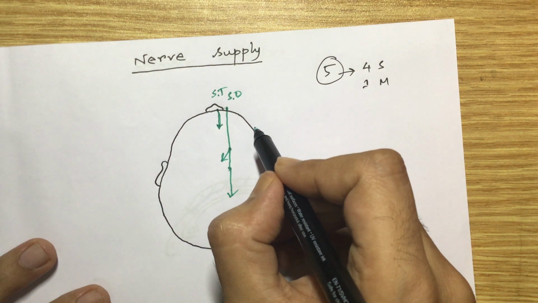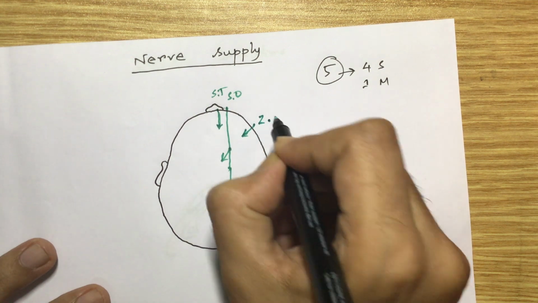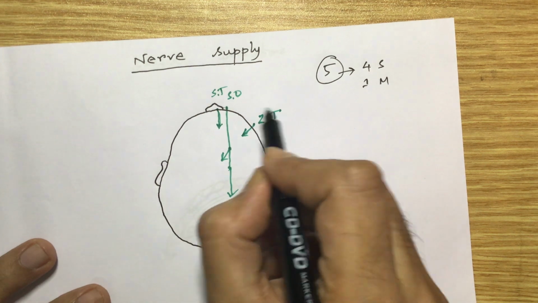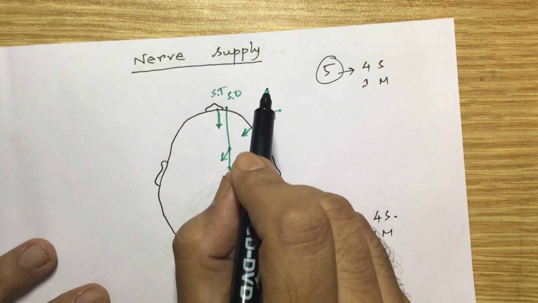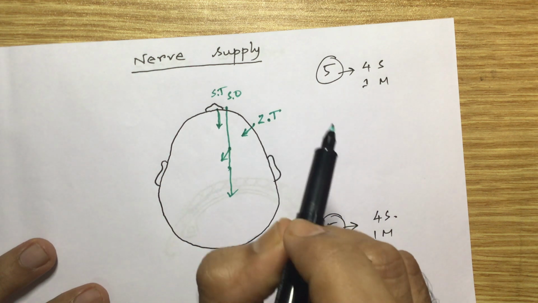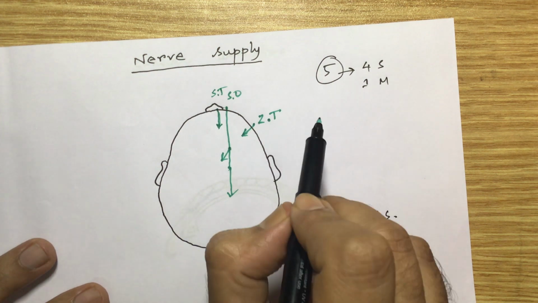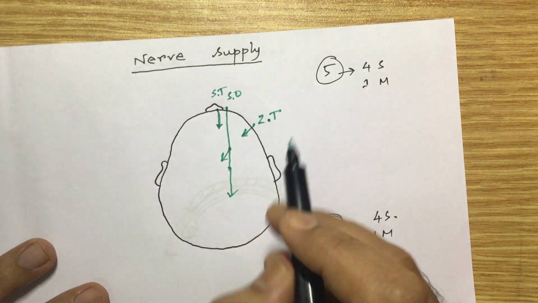Third, the zygomaticotemporal, also sensory. It is a branch of the zygomatic nerve from the maxillary division of the trigeminal nerve. That is the third.